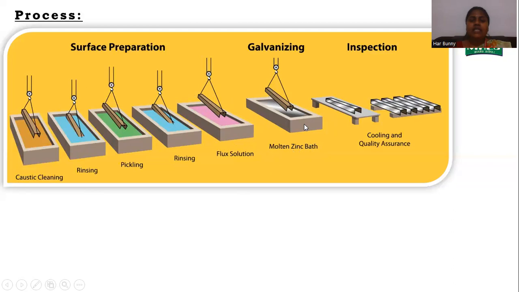At this temperature, the iron metal is dipped in the hot zinc bath, and after that, we can see a thin coating of zinc on the surface of the iron metal. The excess zinc is removed by the annealing process.